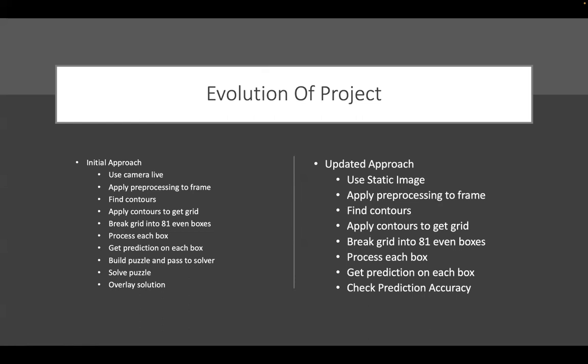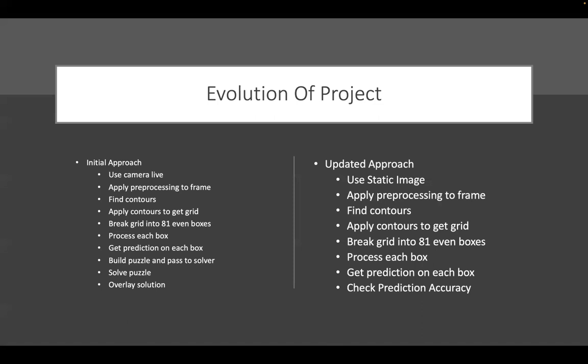So initially, like I mentioned, I intended to use the webcam feed, or a continuity device, such as my mobile phone, the camera of that device to get a live feed. We wanted to then apply some pre-processing techniques that I'll go over later.